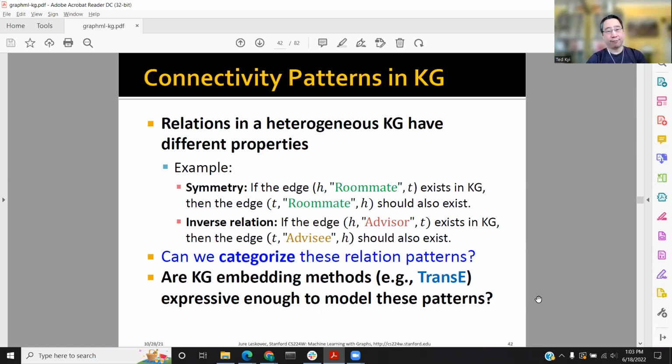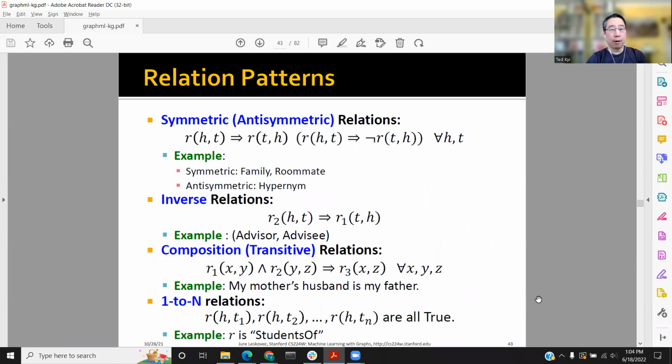We're going to talk about four or five different categories for patterns between relationship types. These are symmetric, inverse, compositional, and one-to-n.